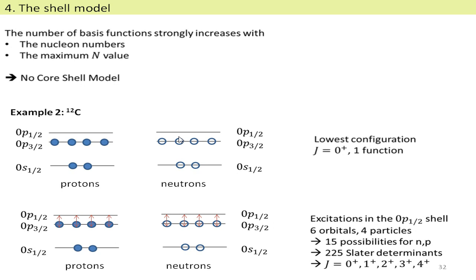But then instead of having only this 0 plus state, you have other states. You have access to 0 plus, 1 plus, 2 plus, 3, and 4. And if you want to describe negative parity states, of course you have to consider excitations above the P shell. But this is just an example to show you that when you start increasing the number of shells, the number of Slater determinants, or the number of combinations, strongly increases.